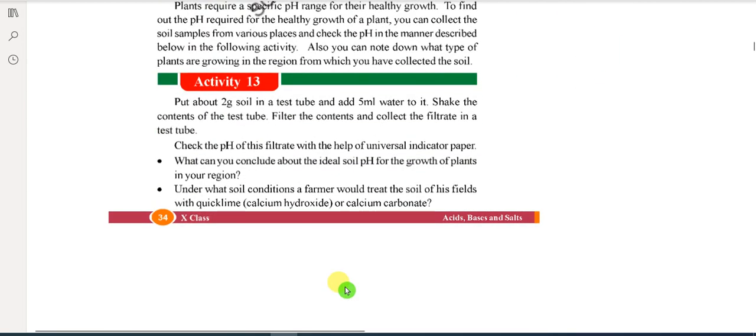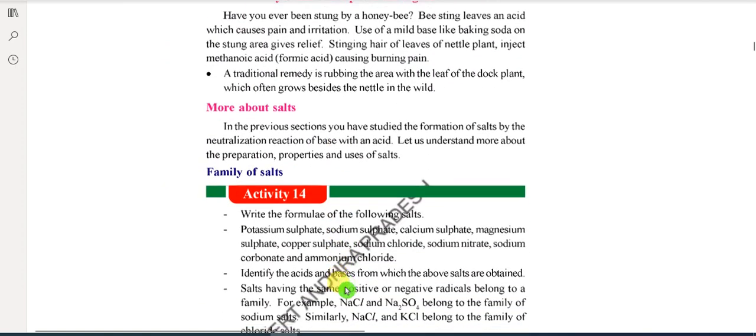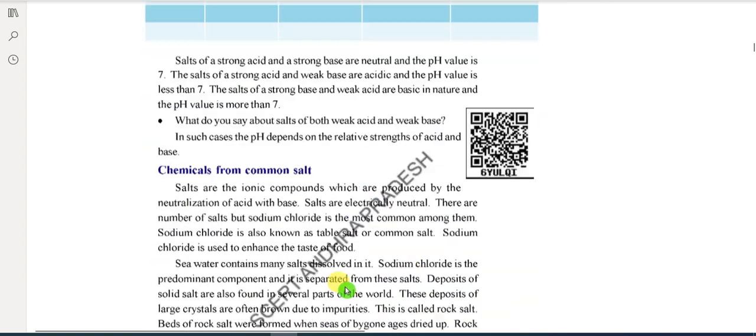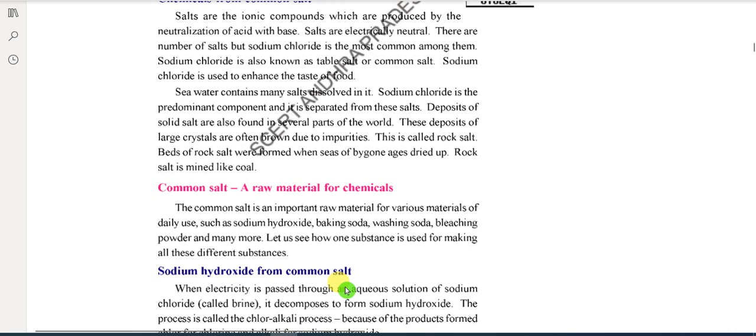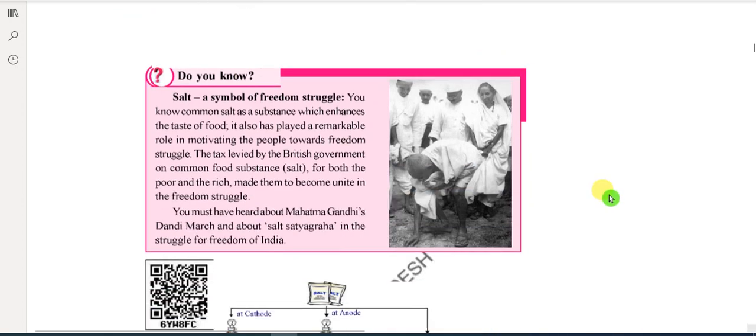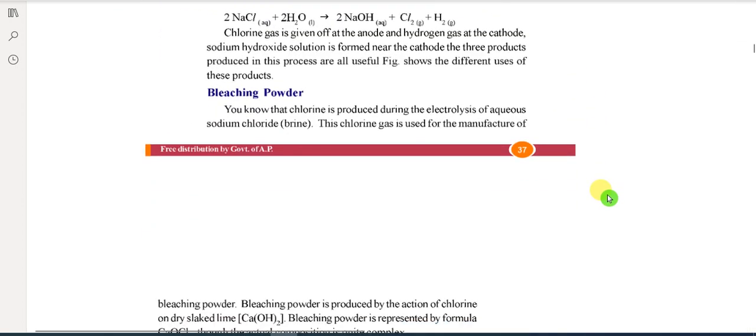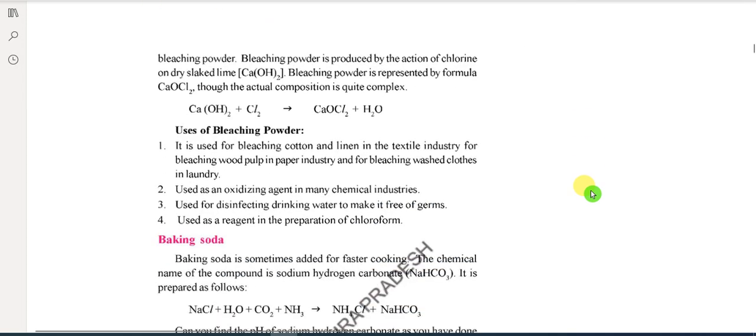Next, pH of soil, and more salts. Common salt, NaCl, and sodium hydroxide. Bleaching powder. What is bleaching powder?